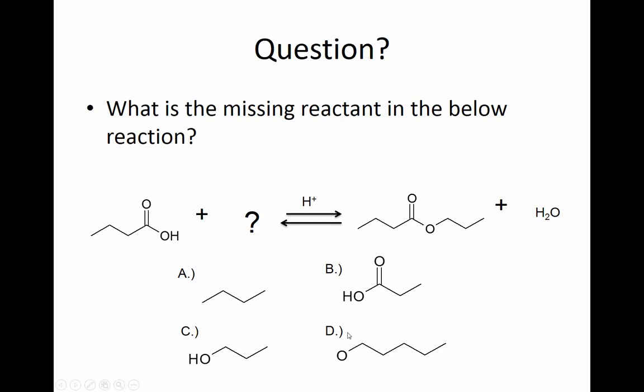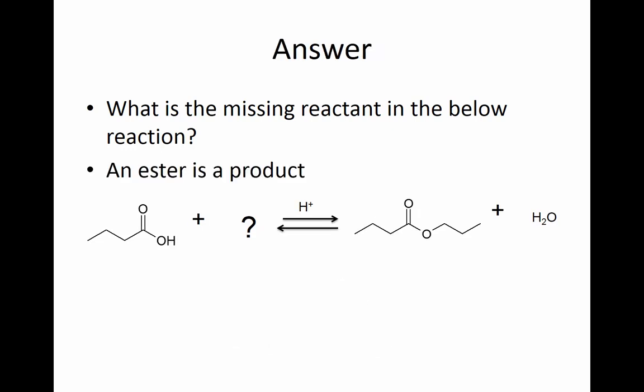So this gets ruled out, D. This is another acid. We have an acid already. We need an alcohol. We don't need B. Process of elimination gives us C, the only alcohol here, as the missing reactant in the below reaction. Again, the ester is the product. Yep, it's the alcohol. So the acid and this alcohol will give us this ester right here.